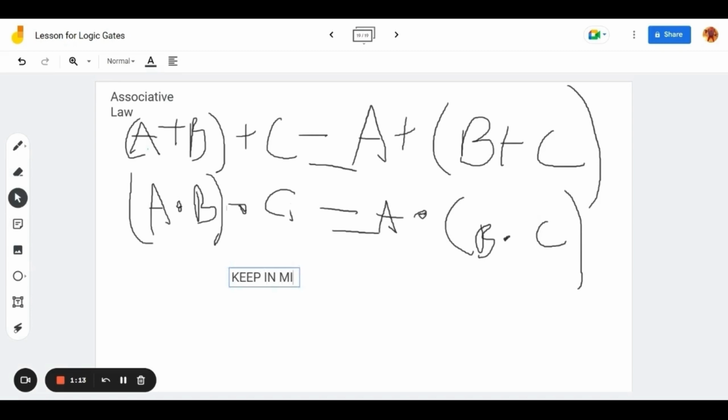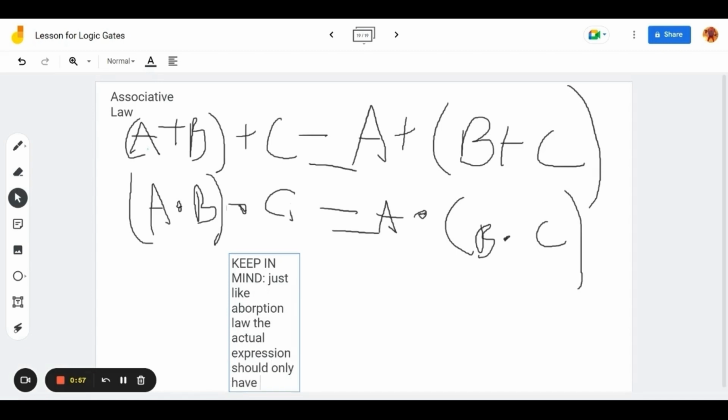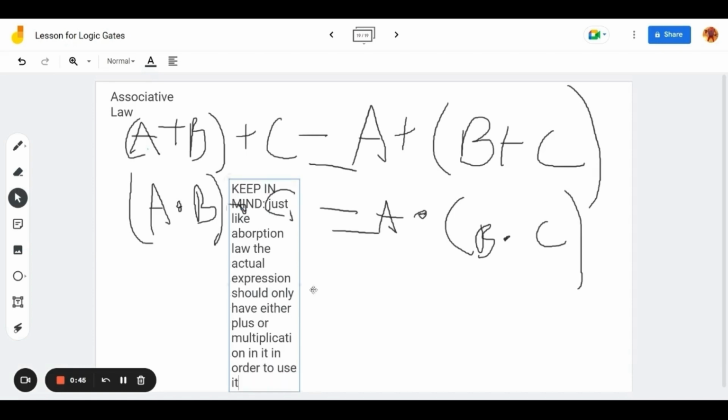Keep in mind, just like the absorption law, the actual expression should only have either plus or multiplication in it in order to use it.